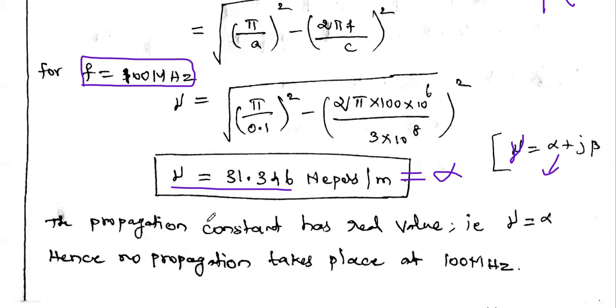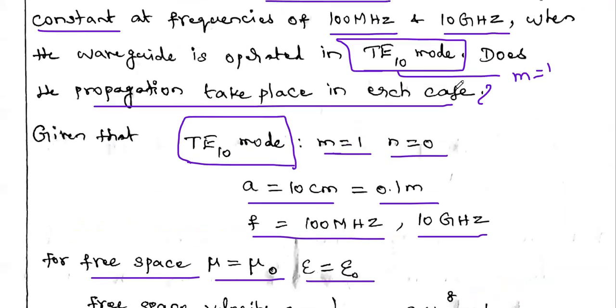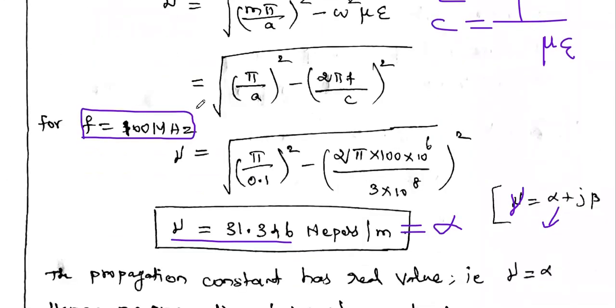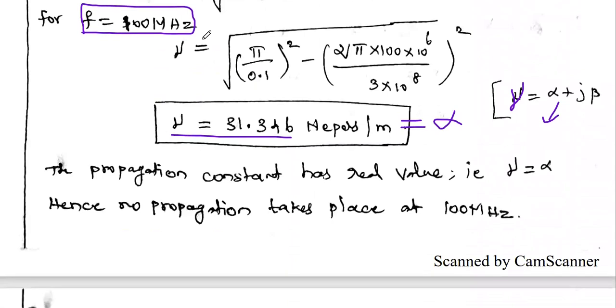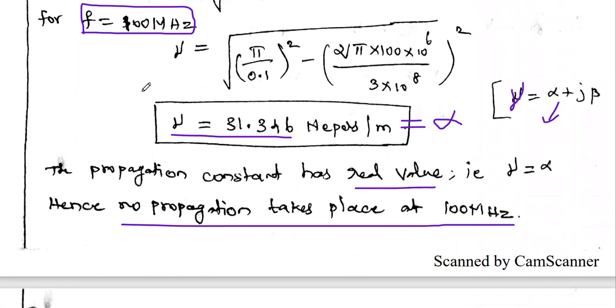The question asked is whether propagation takes place in each case. At 100 megahertz there is no propagation, since the propagation constant becomes a real value, and a real value means it becomes an attenuation constant.